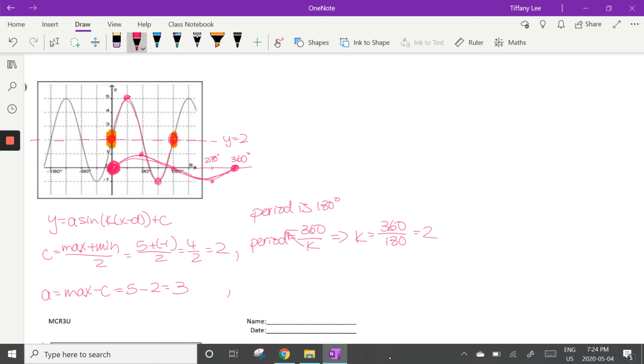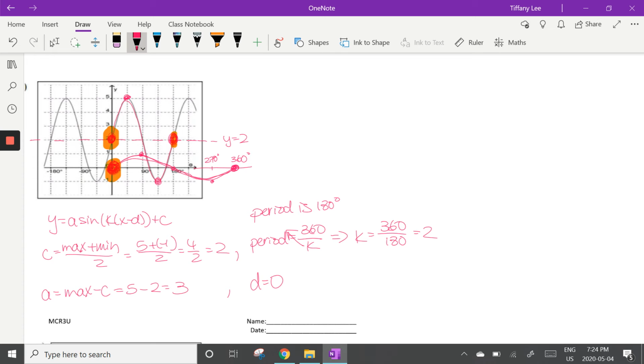And then lastly, we have our d value. Did it move left or right? Well, if we compare, this was my original point, and now this is my transformed point. It hasn't moved left or right. So our d value is 0.